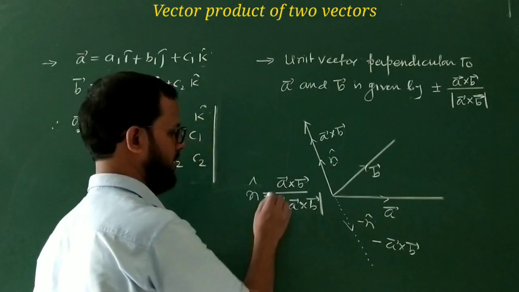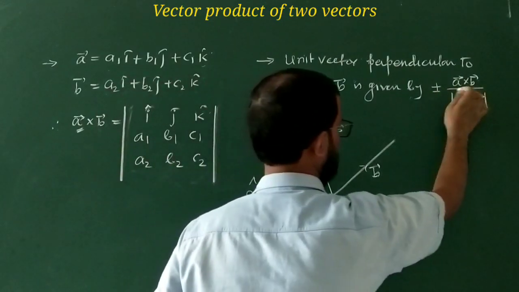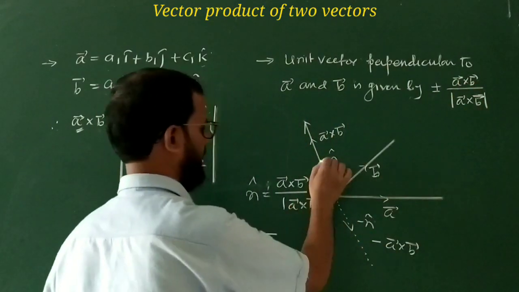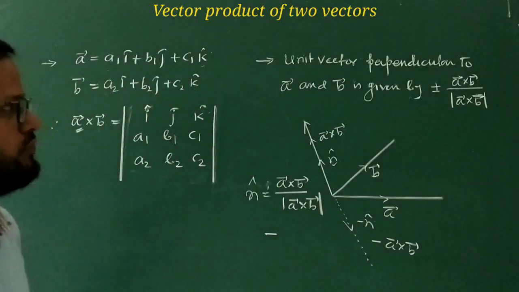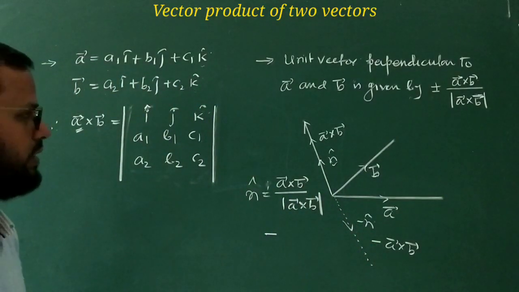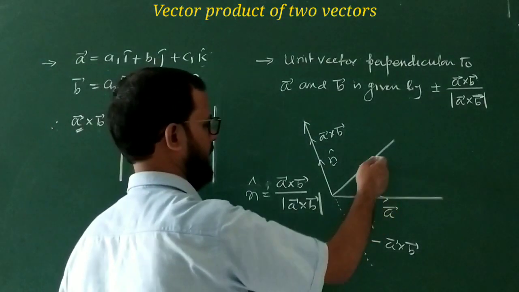So one is plus, another is minus, that means plus minus. Plus is represented by n cap and minus by this one. So there are two unit vectors perpendicular to A and B.